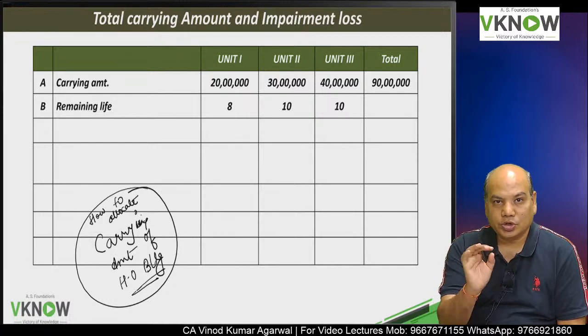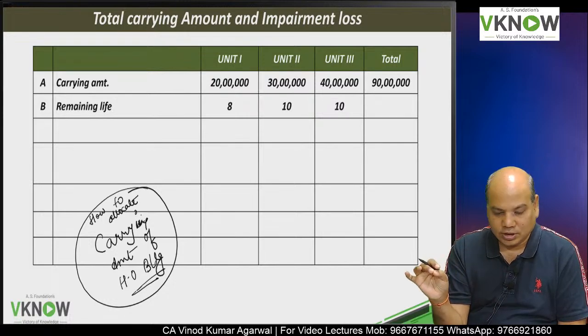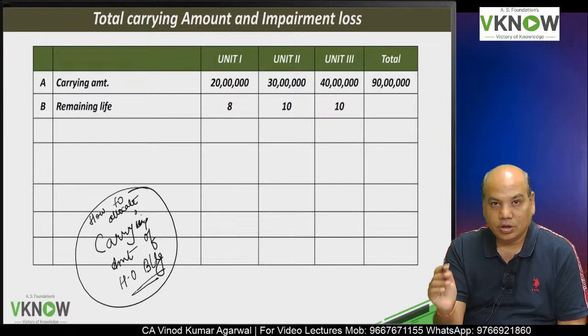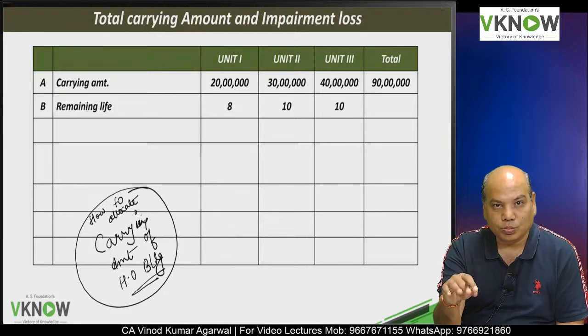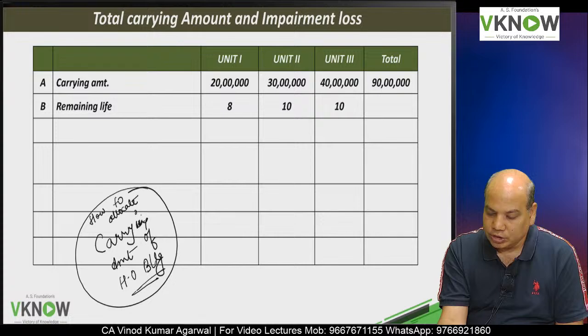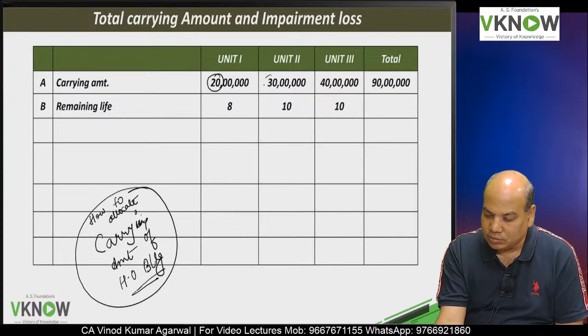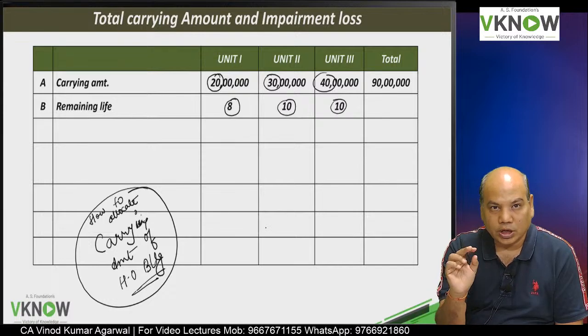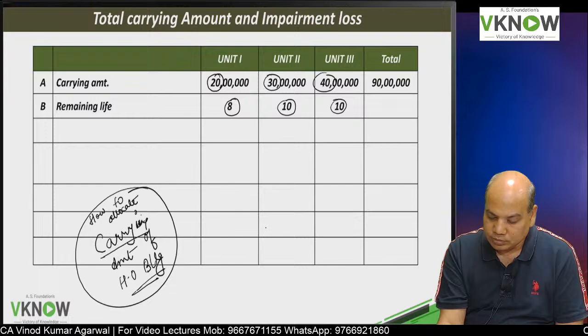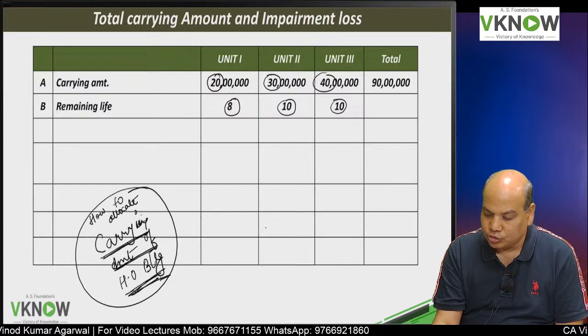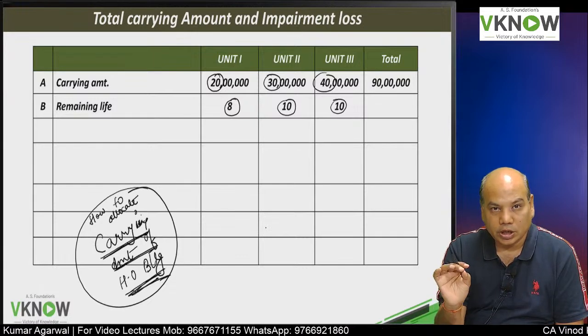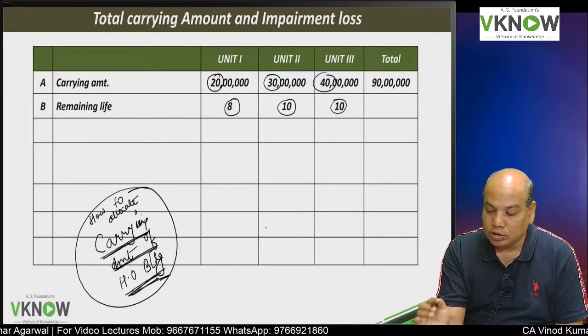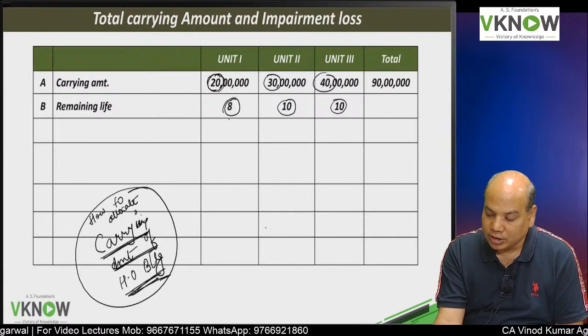So what the institute had done in the current example we are solving, they have given weightage to both the factors. They have given weightage to carrying amount also, and they have given weightage to life also. So I am going to allocate the carrying amount of HO building in the ratio of the product of carrying amount and remaining life.